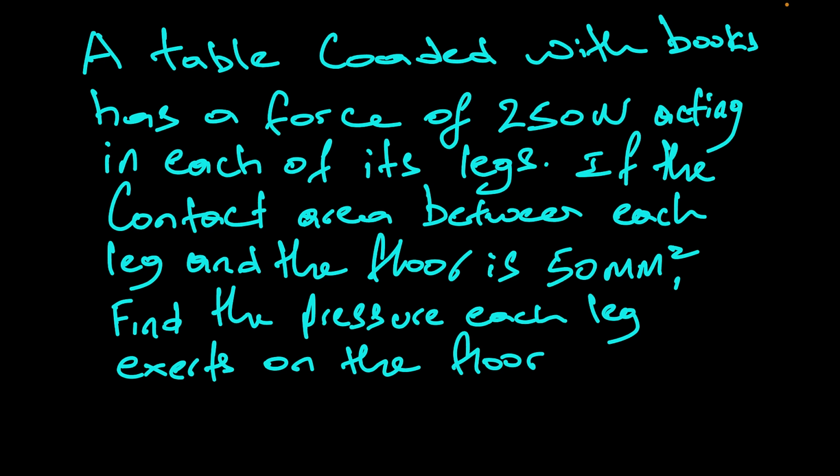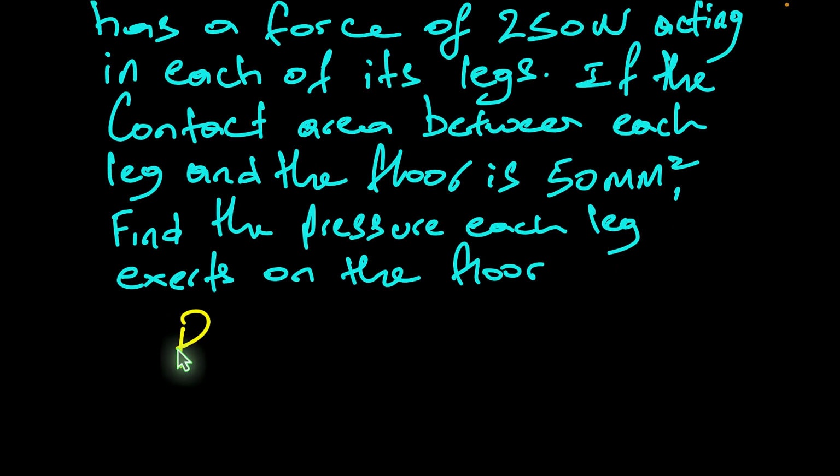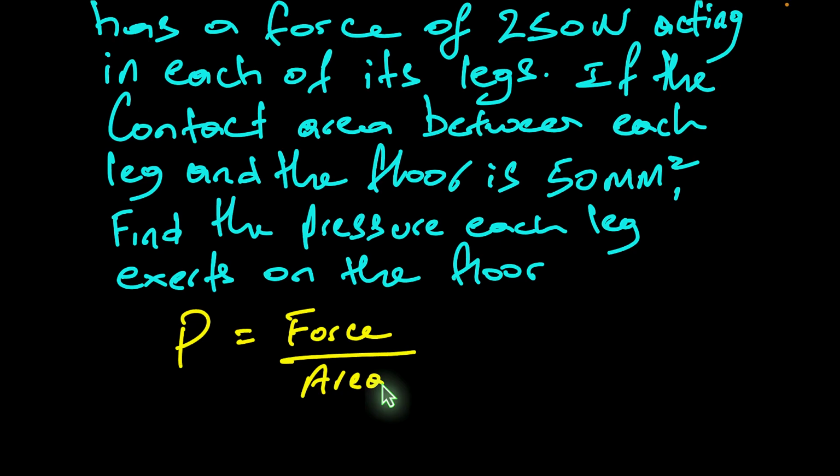Now, the previously written formula is what we'll use to assess this question, and again you will see the similarities with pressure and stress. So pressure is simply our force divided by area. These variables are given, so we have a force of 250 newtons, and the area is given in millimeters squared.